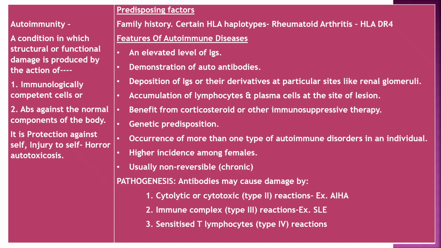Features of autoimmune diseases, elevated immunoglobulins, demonstration of autoantibodies, deposition of immunoglobulins or their derivatives at particular sites like renal glomeruli, accumulation of lymphocytes and plasma cells at the site of lesion, benefit from corticosteroid or other immunosuppressive therapy, genetic predisposition, occurrence of more than one type of autoimmune disorder in an individual, higher incidence among females, usually non-reversible, that is chronic.